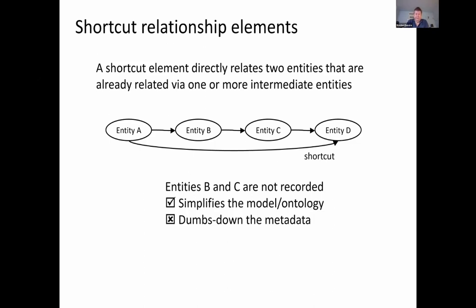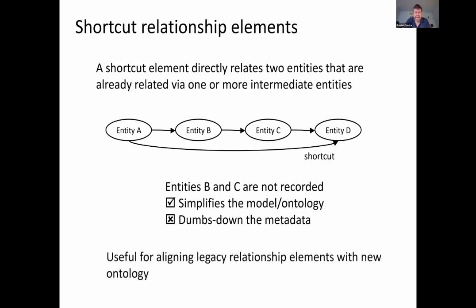In this example, the shortcut means that nothing is recorded about the nature of entity B or entity C. This is great for simplifying the model or the operational ontology. It means complex pathways can be reduced to a single relationship. However, the intermediary data is not recorded, and therefore the end result is a dumbing down of the metadata. That's the trade-off in a shortcut.